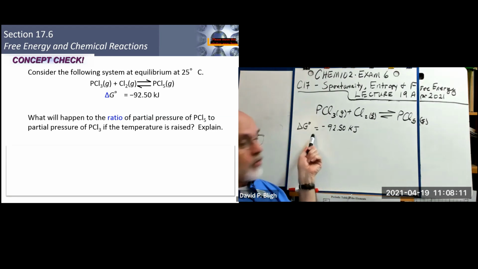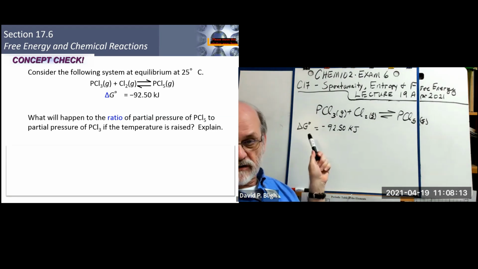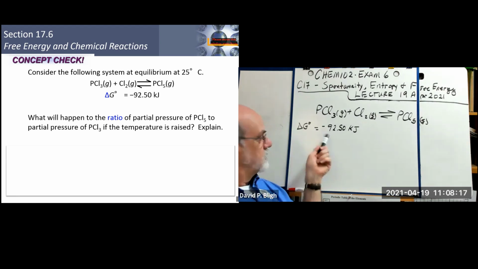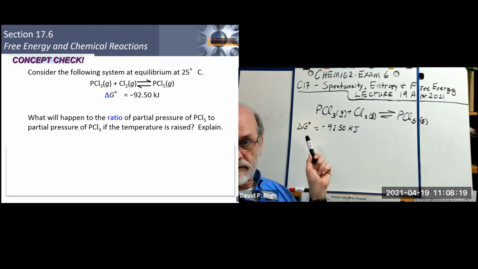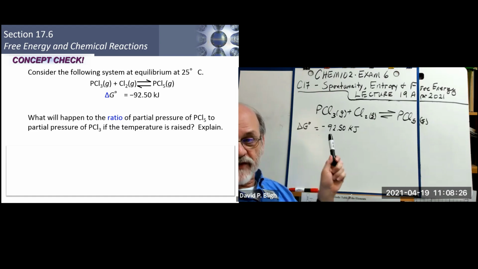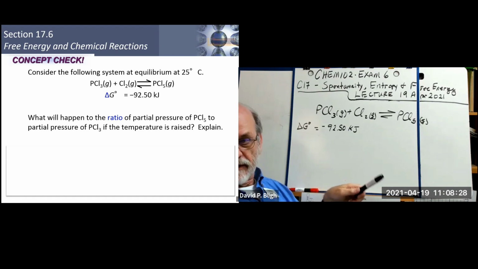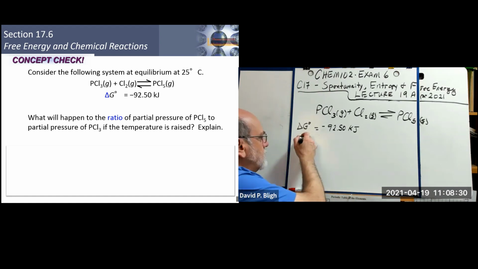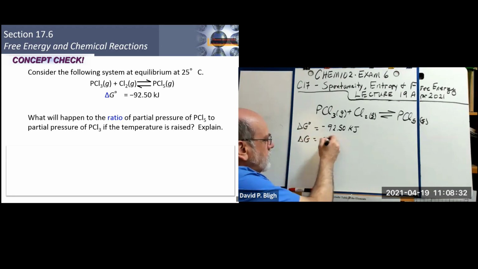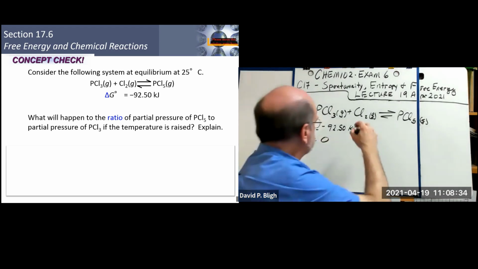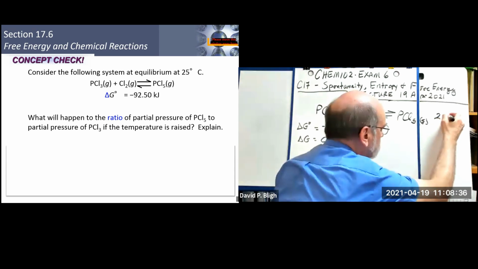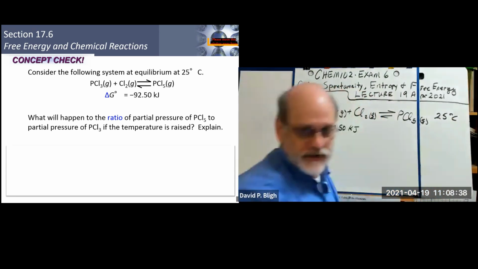Well, the delta G, of course, says under standard conditions, this is a spontaneous reaction. But this system is now at equilibrium. So what does that mean for the actual delta G? The actual delta G is equal to 0. And this is 25 degrees, which is standard temperature.